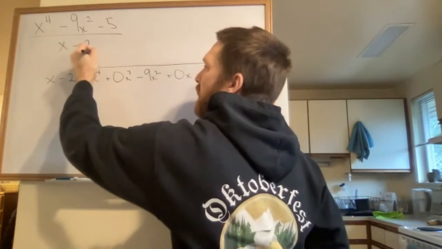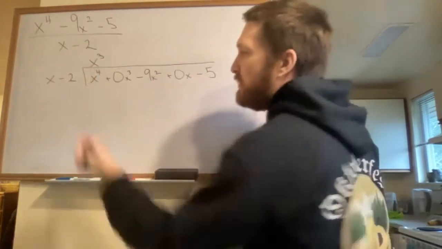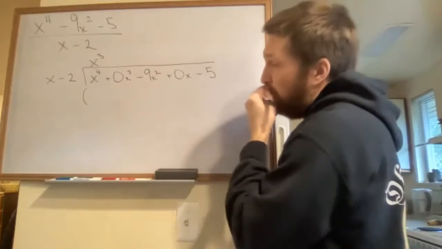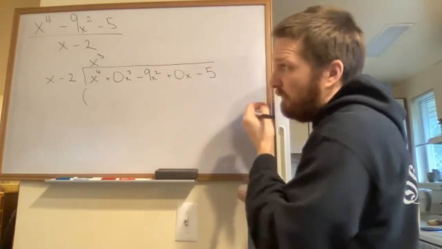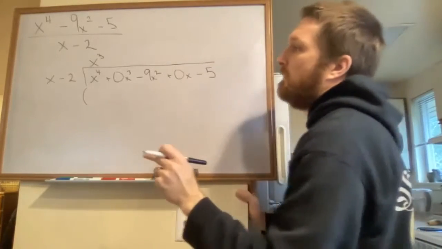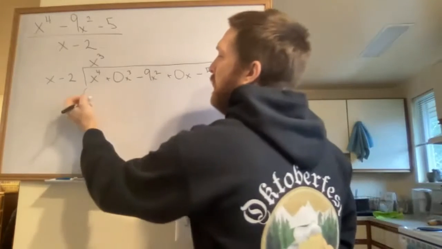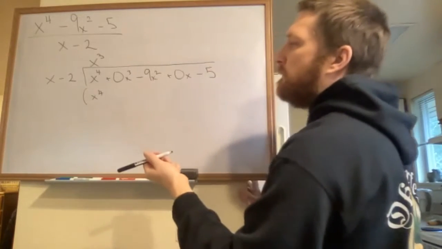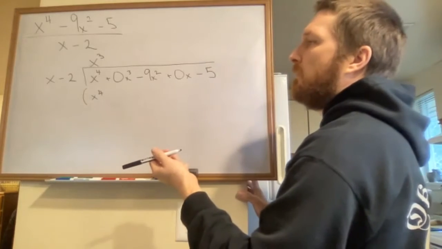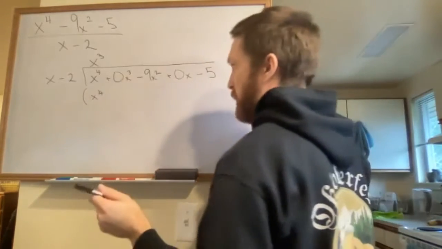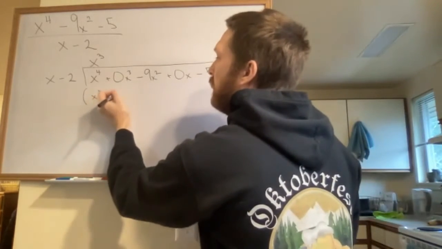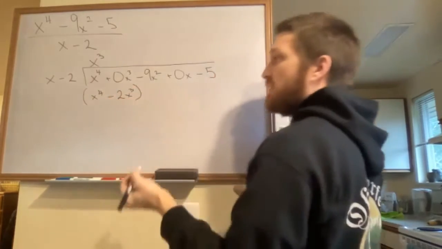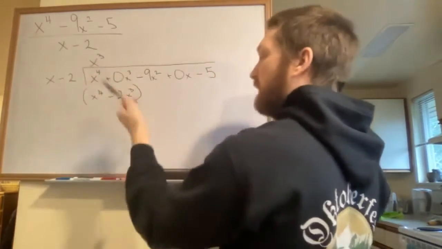And so when I do that, I get what? You get x to the 4th minus 2x to the 3rd. Good. Excellent. That guy jumps in and hits them.